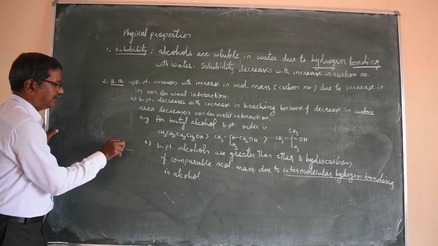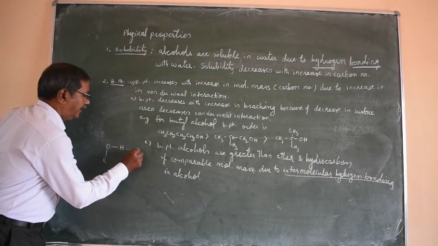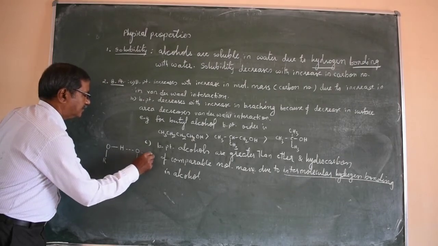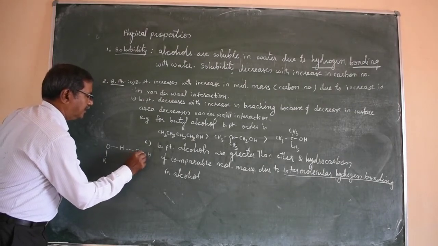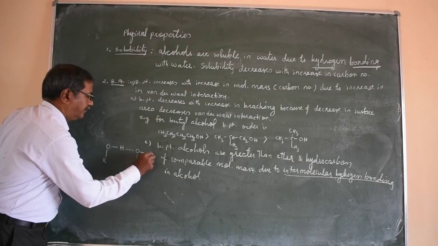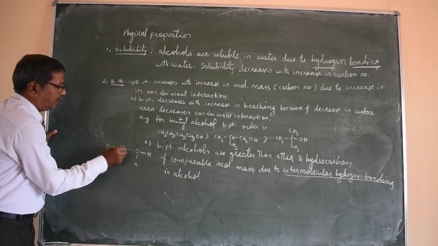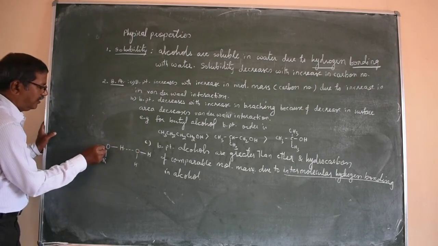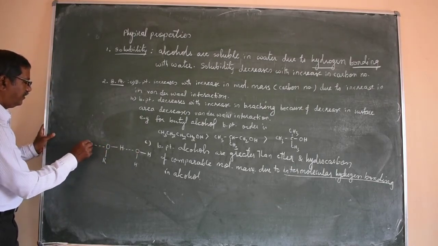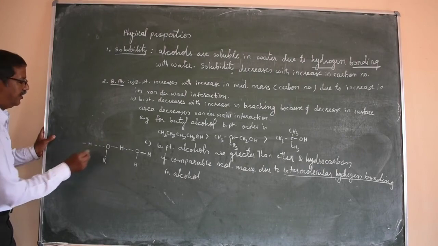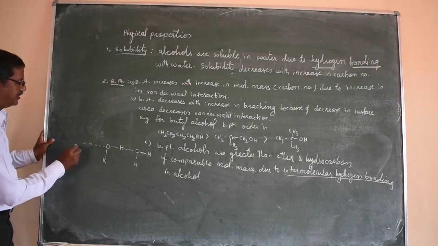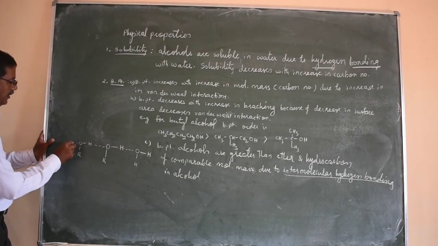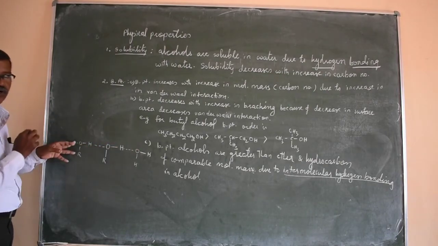Because of that partial positive character, the hydrogen can bond again to the oxygen of another molecule. It can link to the oxygen atom. That means here we have a weak bond between the hydrogen and oxygen. This is called hydrogen bonding. So association of alcohol molecules takes place.